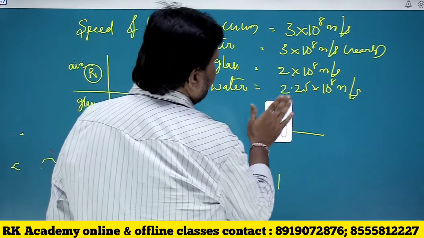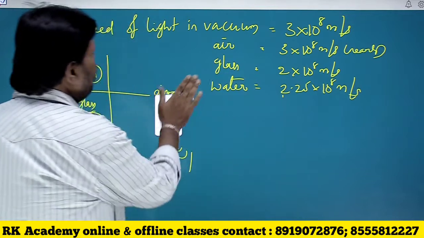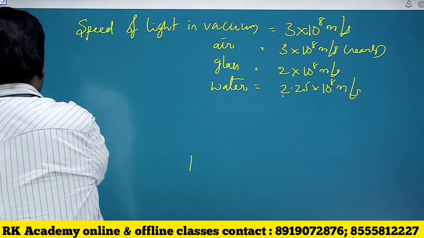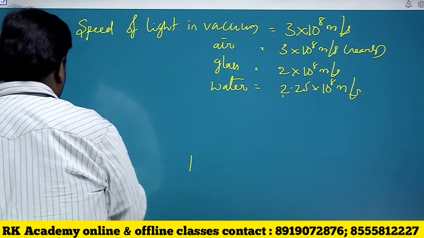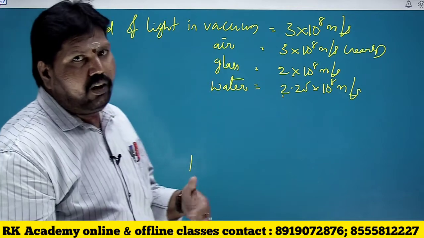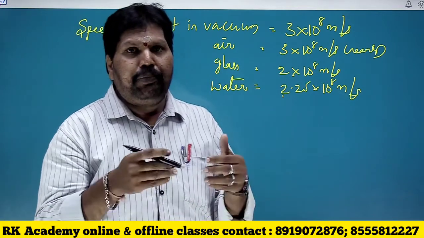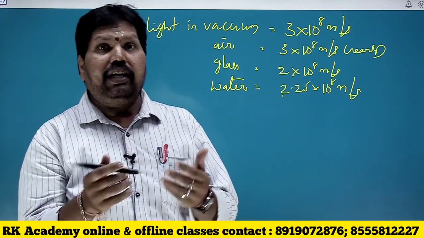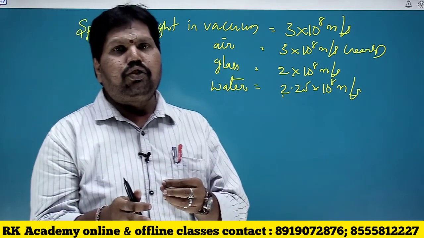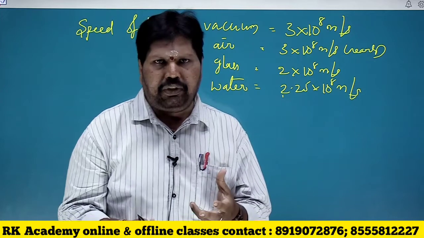Here the refraction has taken place. Refraction is nothing but bending of light. In the sense, when the light is passing from one medium to another medium, that medium allowed the light to bend and travel, to get refracted and travel, so that the medium should have a characteristic property.